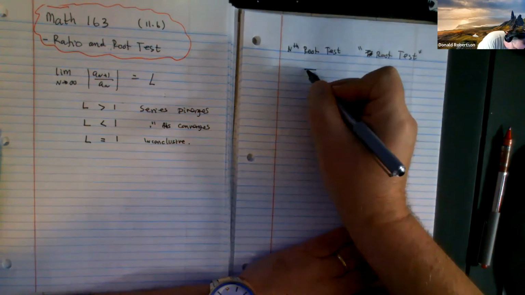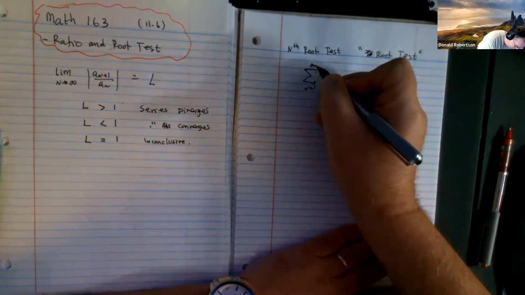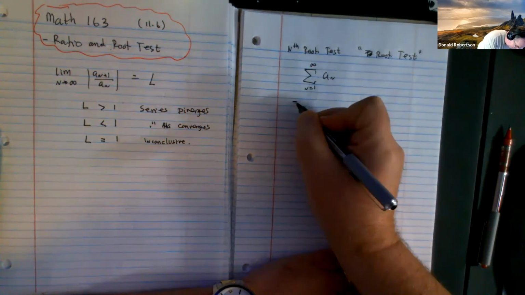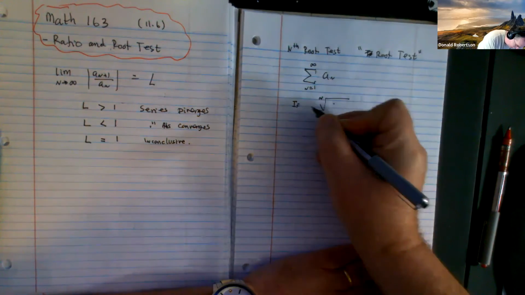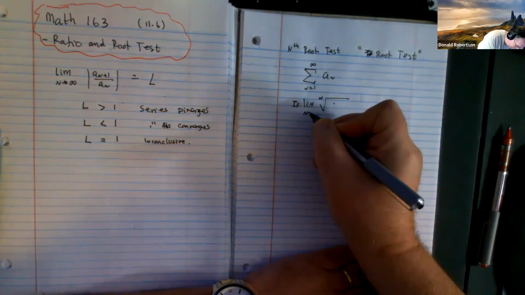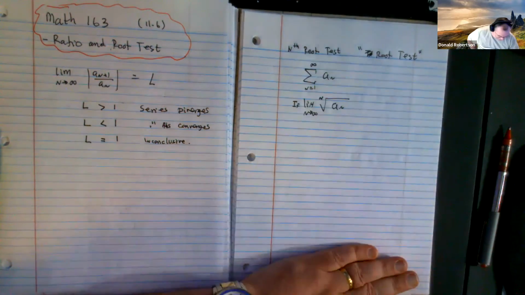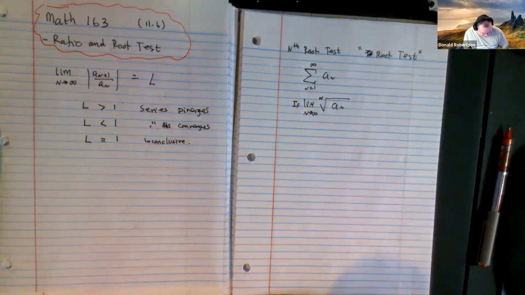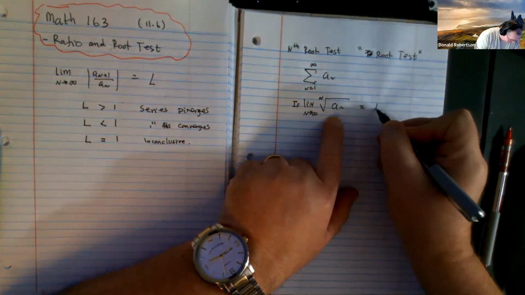And it says, for any series, n equals 1 to infinity, an, you find the limit as n tends to infinity of the nth root of an. And it will equal a number.